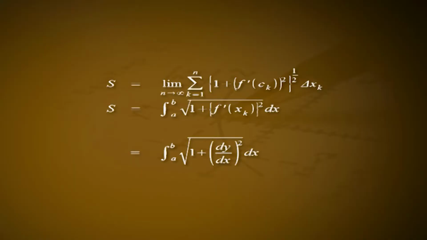Therefore, S is equal to the limit of the summation, k varies from 1 to n, of (1 + f'(ck)²)^(1/2) Δxk as n tends to infinity.